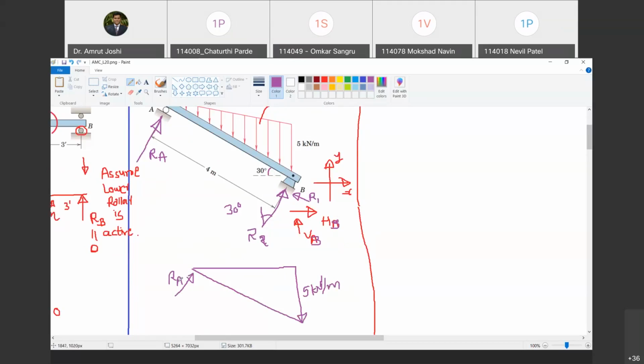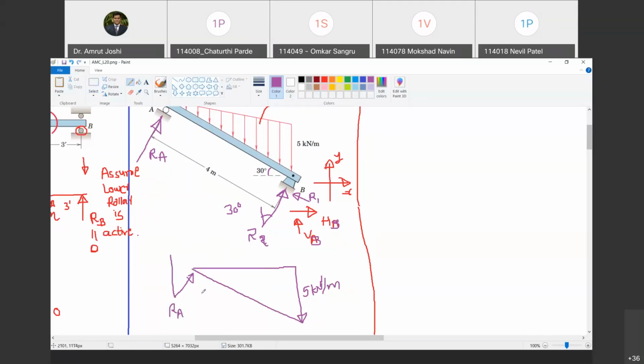Now what is the angle that RA makes with vertical? RA makes 30 degrees with vertical. Yes. Always keep in mind how this is done. This is geometry. Look, RA is perpendicular to the beam.